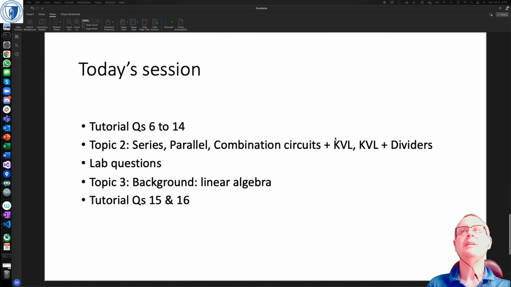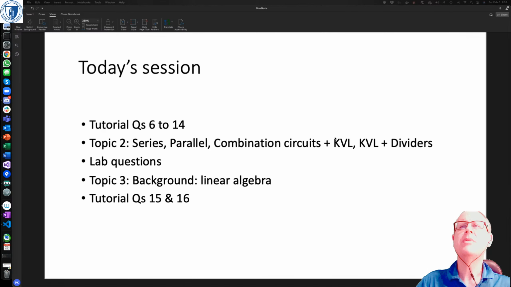So in today's session, I don't think I'll do it in this order. I think I might talk at you for a little bit first, and then we'll go back to the tutorial, and I'll see if there are any questions about the lab, and we'll look at the background stuff on linear algebra, because when we look at mesh analysis and nodal analysis, that really depends heavily on you being able to use matrices and vectors confidently to solve them.